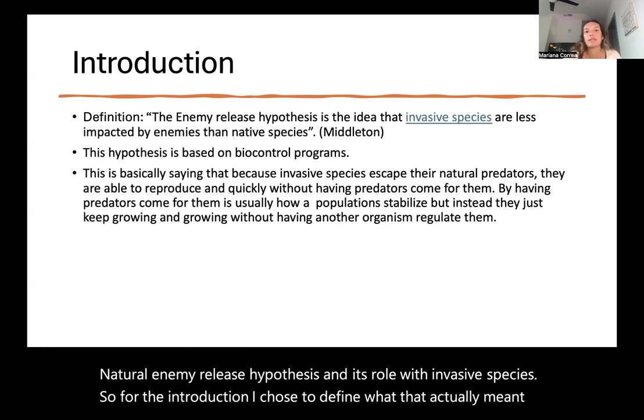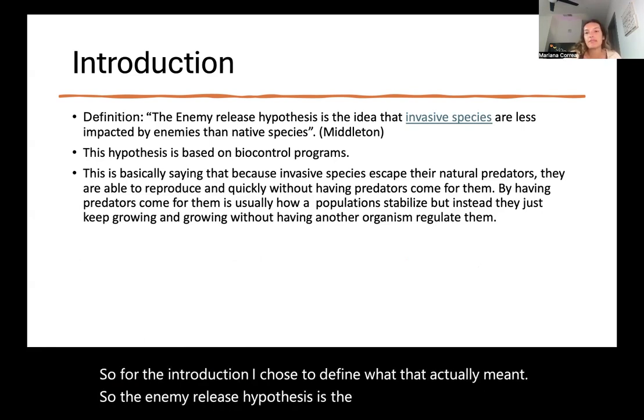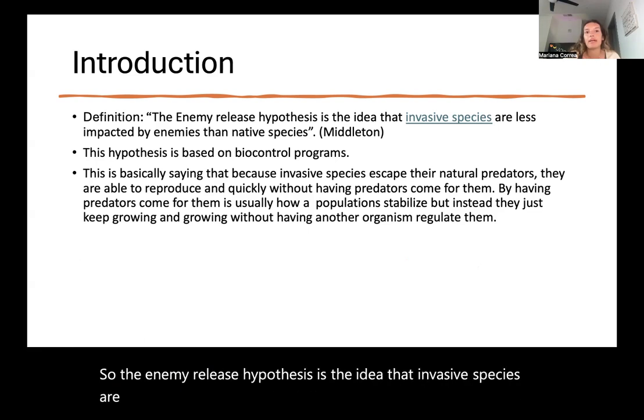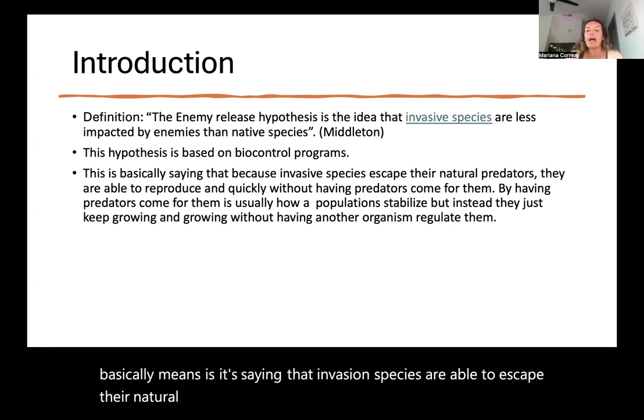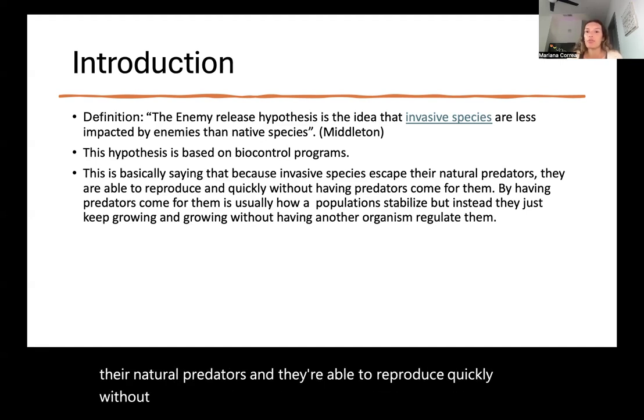So, the enemy release hypothesis is the idea that invasive species are less impacted by enemies than native species. What that basically means is that invasive species are able to escape their natural predators and reproduce quickly without having predators come for them.